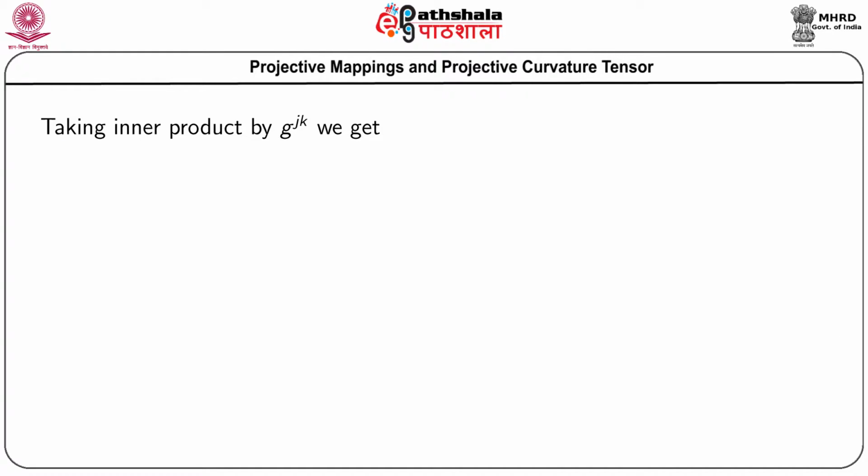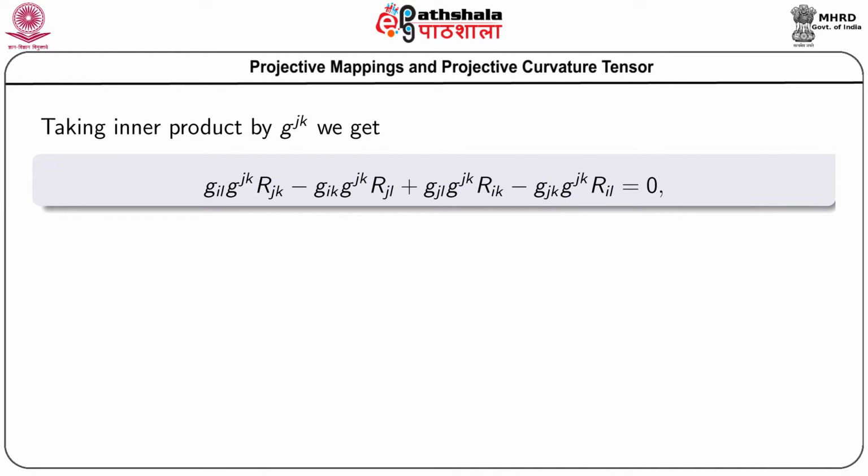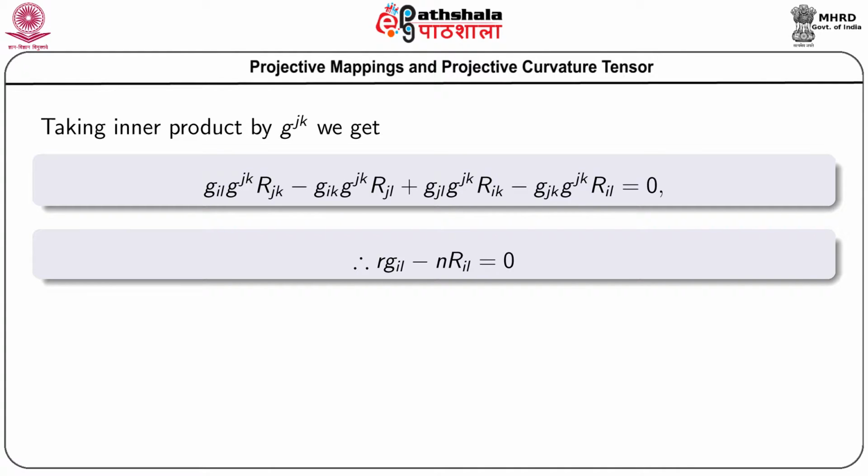Now, taking the inner product by g^{jk}, the contravariant part of g_{jk}, we get this expression. Simplifying it, because we know that g^{il} g_{jk} equals n and g^{jk} R_{jk} equals R, the above expression will come to this form.